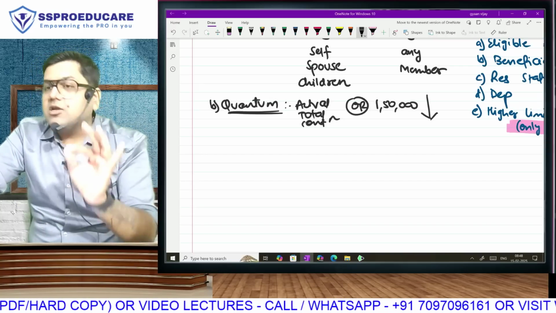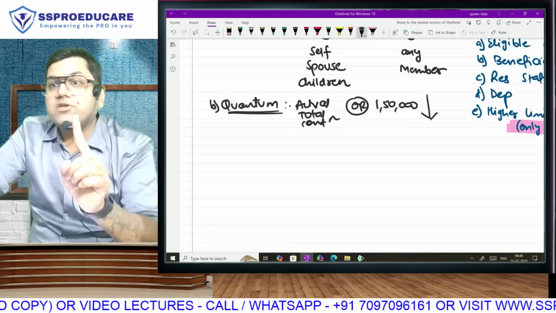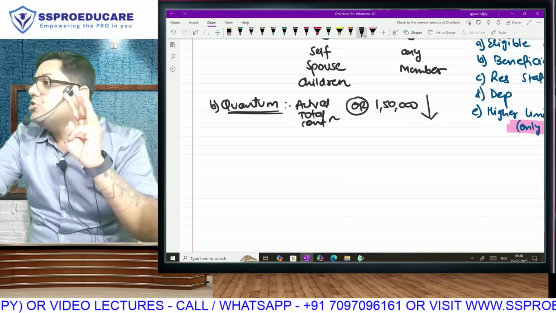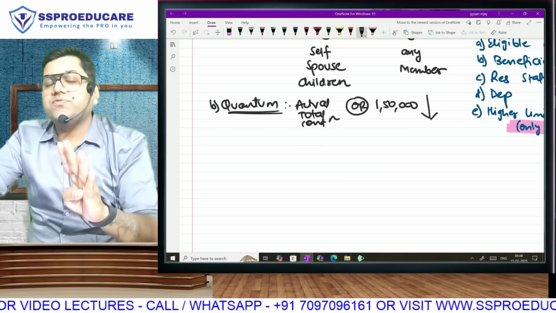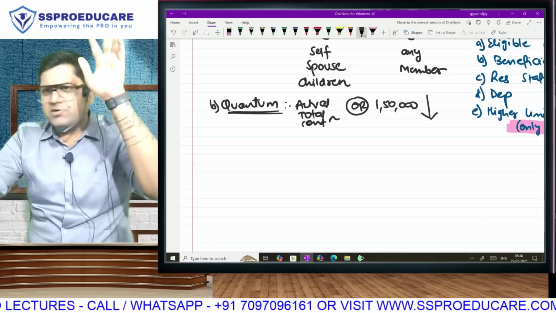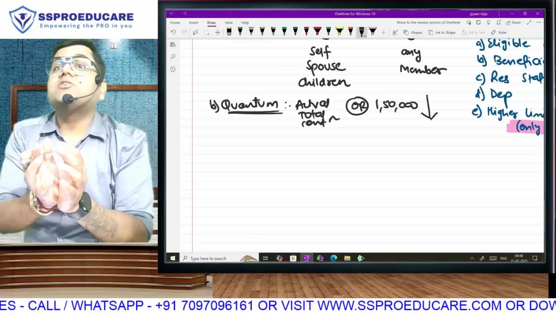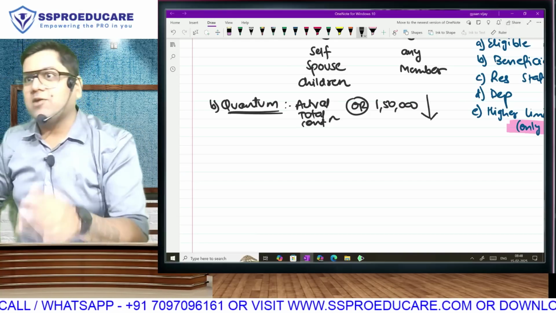So let's be clear. Your life insurance won't be restricted to 1,50,000. Your life insurance, your provident fund, your superannuation, your children's school tuition fees, your home loan principal, your mutual fund investment, lots and lots of investment. I will be discussing the list with you. Take that total. Supposing in that there are parents, you don't have to take it because they are disqualified.